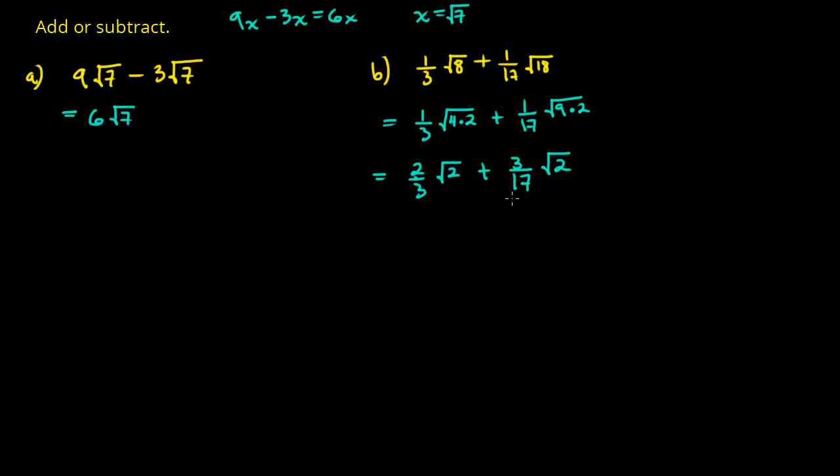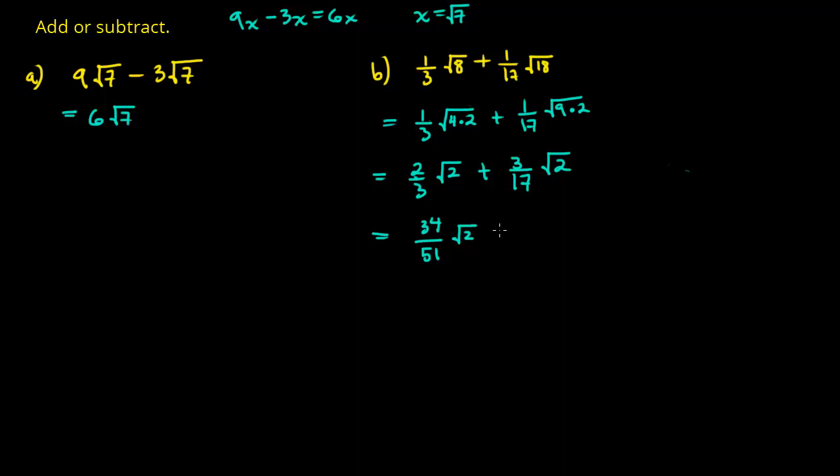We can find the least common multiple of 3 and 17 by multiplying 3 and 17 together. So I can write this as something over 51 root 2. And I multiplied 3 by 17 to get 51, so I have to do the same thing to the numerator. 2 times 17 is 34.